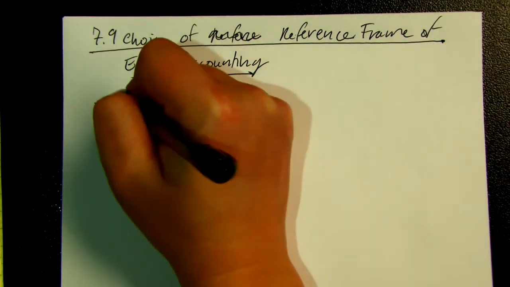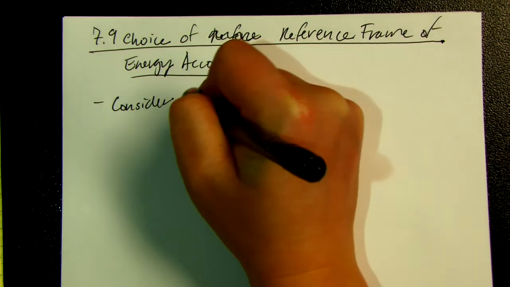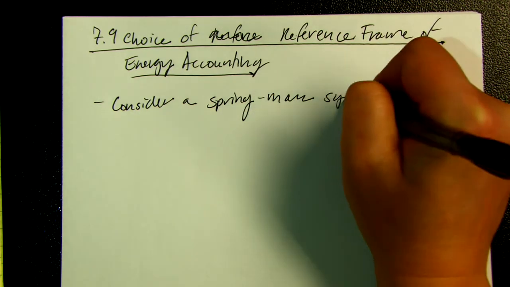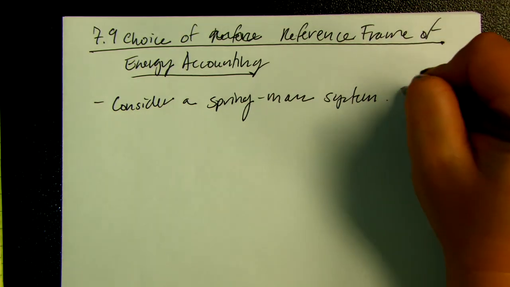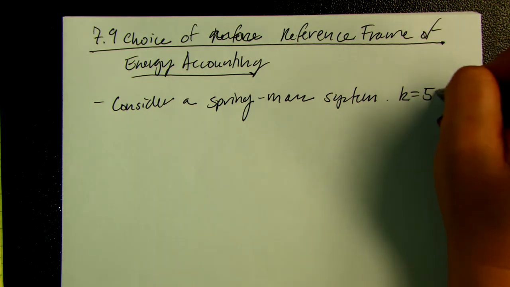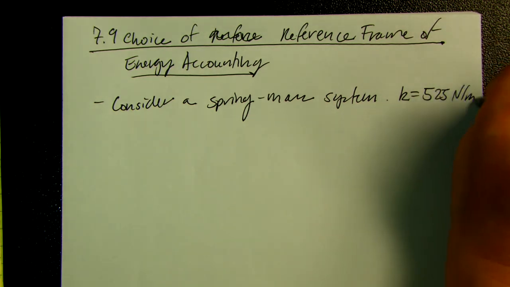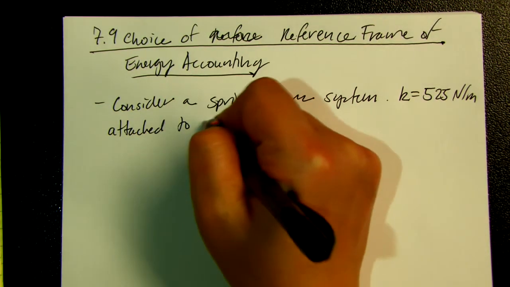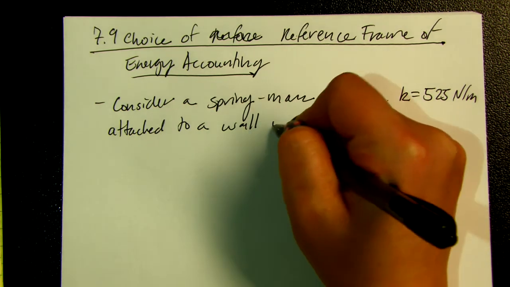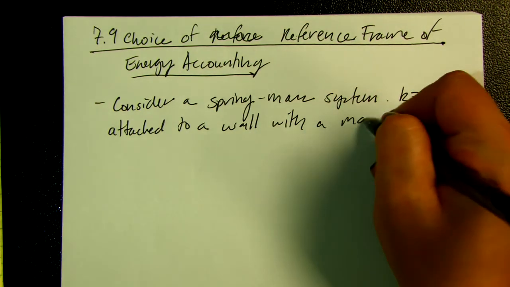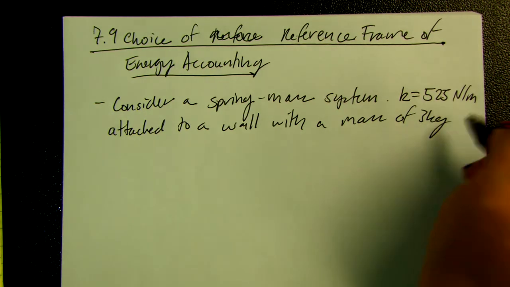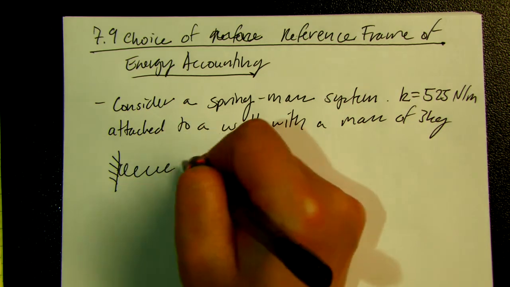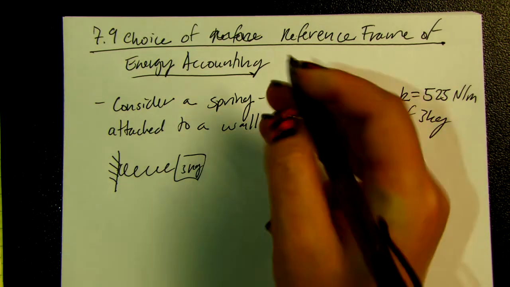All right, so let's consider a spring system, which we're very well familiar with. A spring mass system. The spring has a spring constant of 525 newtons per meter, and it's attached to a wall with a mass of 3 kilograms, and it starts off at rest.